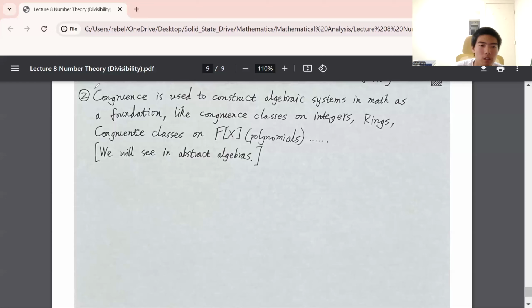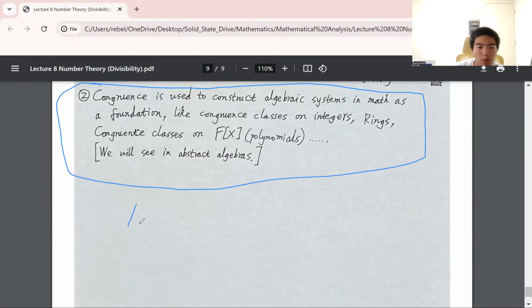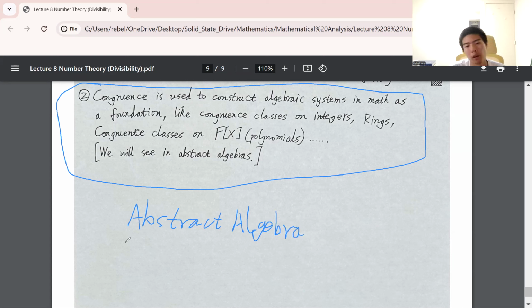And the second point is an entire core subject called abstract algebra. I just studied a little bit of abstract algebra. So if you want to learn about abstract algebra, you can look for information and useful materials online.